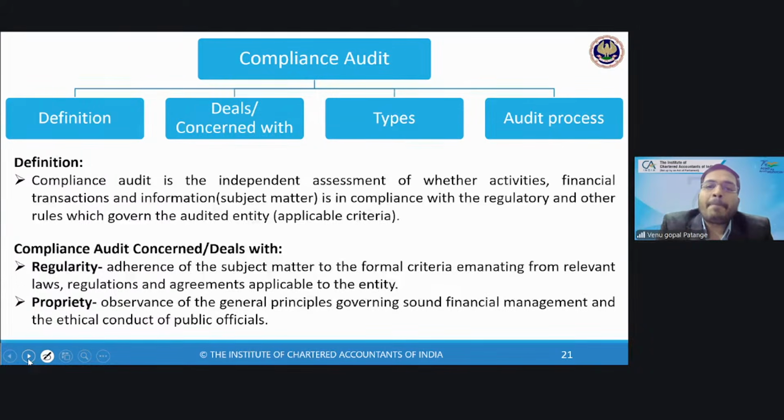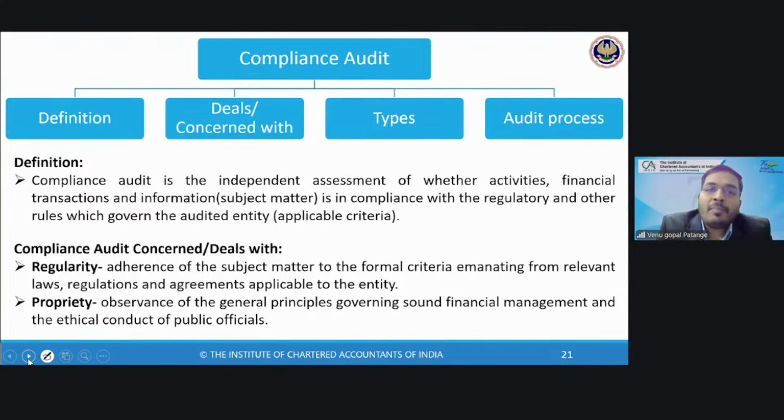Proprietary is where the person who is taking the decision, whether the outcome of the decision would be the same if he were spending his own money. Because it is public money, he is doing wasteful expenditure. If it were his money, he would not have done it. In such cases, although he has the power to do it, he should not do it, right? Such aspects will also be reviewed as proprietary.